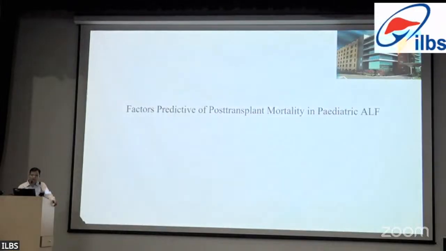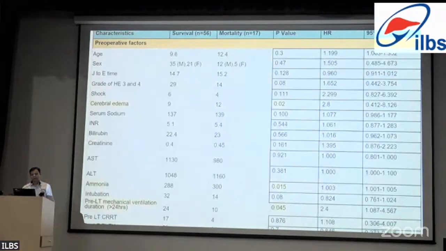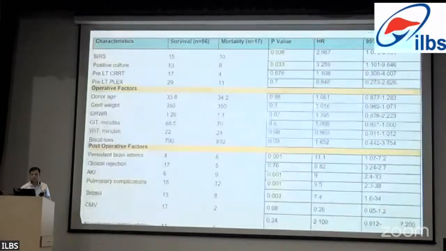Coming to pediatric acute liver failure, the factors affecting mortality. Persistent cerebral edema is one factor, along with ammonia level, which came out to be significant. Pre-LT mechanical ventilation of more than 24 hours is a very important factor contributing to mortality.